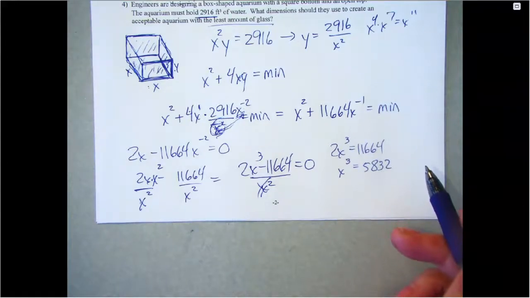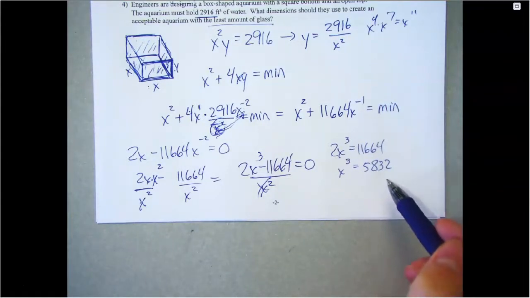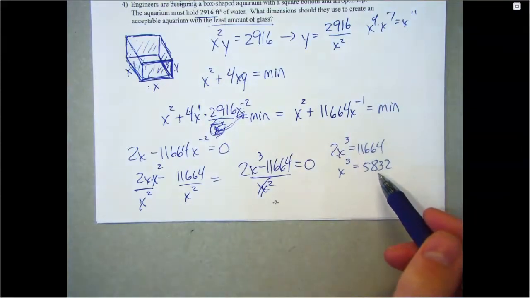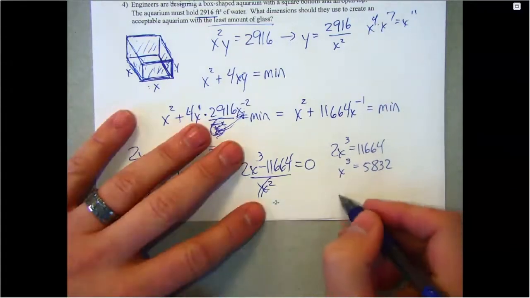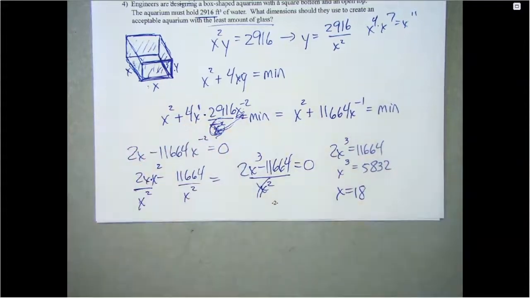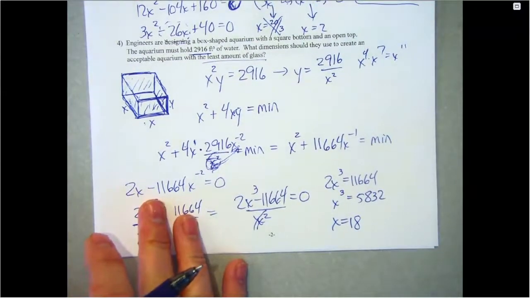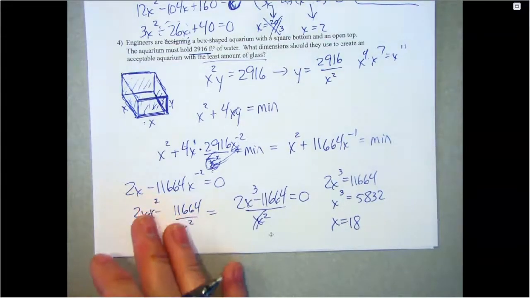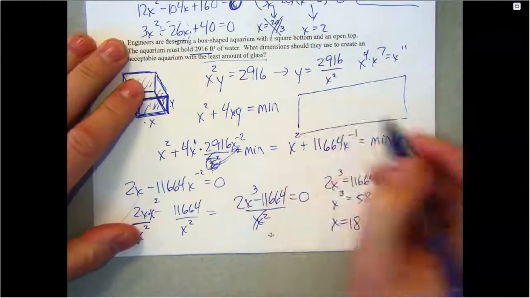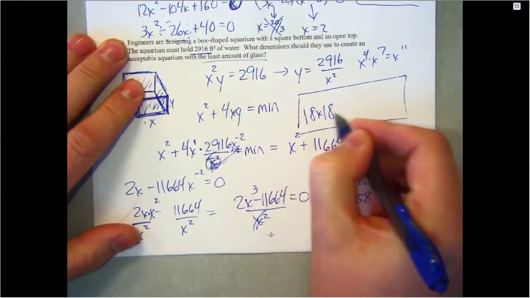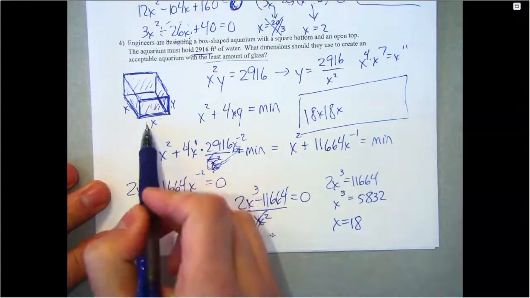Take the cube root, so what do you type in your calculator? 5832 to what power? 1/3. I want to say 18, but I don't know. 18. So x equals 18. And then again, what are they asking for? They're asking for the dimensions. So my dimensions are 18 by 18, right? Because I got x times x.